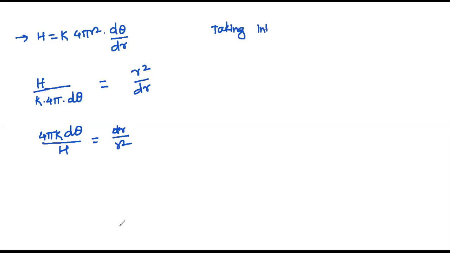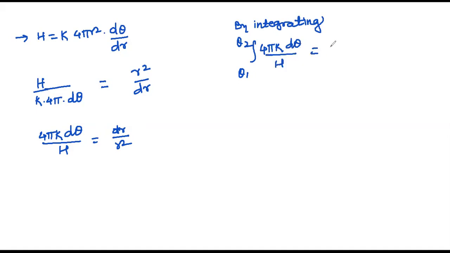Taking integration, or just by integrating, what are we getting? Integration from theta 1 to theta 2. Why? Because we have temperatures theta 1 to theta 2. 4 pi K into d theta by H is equal to, here integration from R1 to R2 dr by r square.